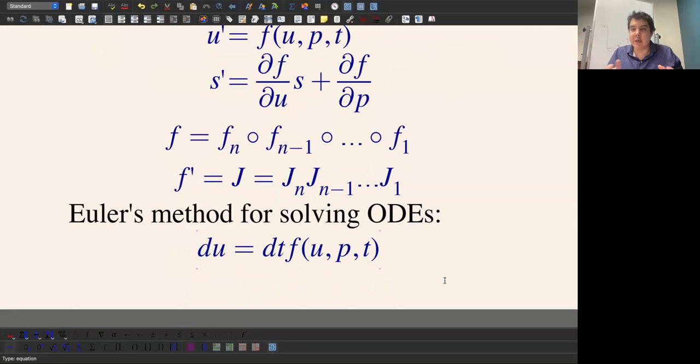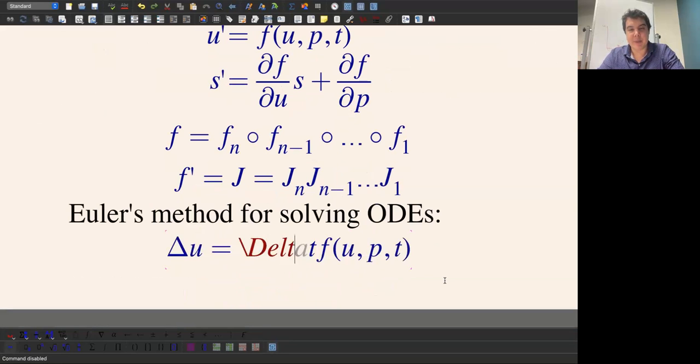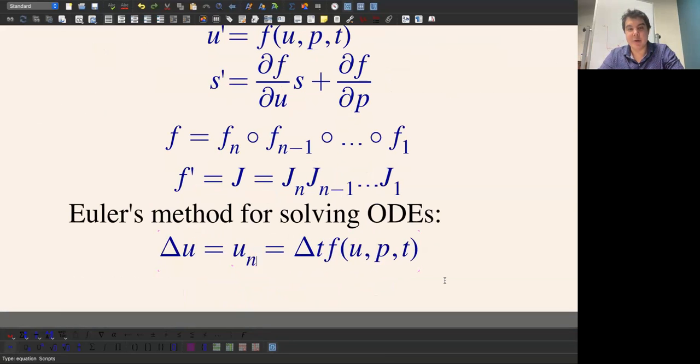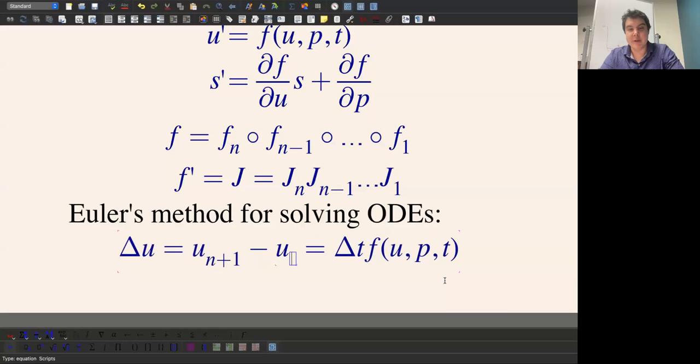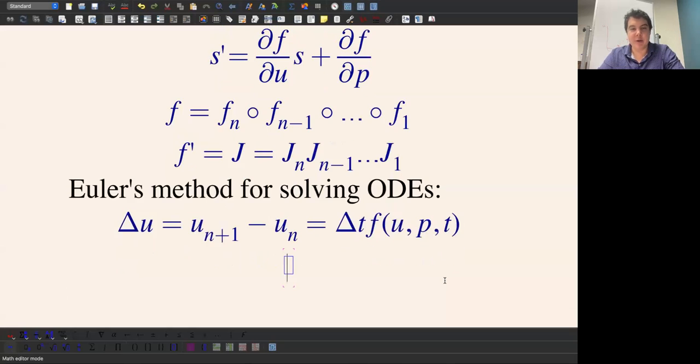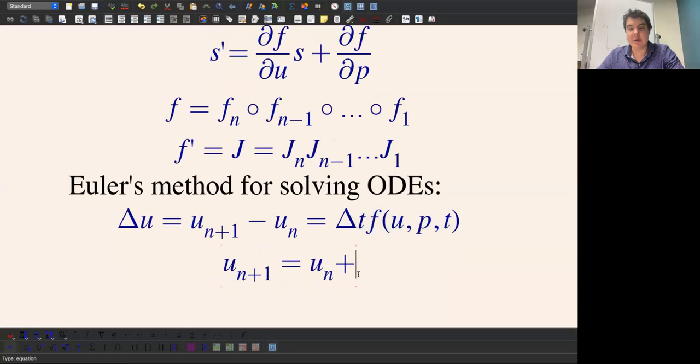And instead of using infinitesimal steps, you make this a delta, make this a delta, make this a delta, and delta u is equal to u sub n plus 1 minus u sub n. And so Euler's method can be written as u of n plus 1 is u of n plus delta t times f. So this is your classic Euler's method.